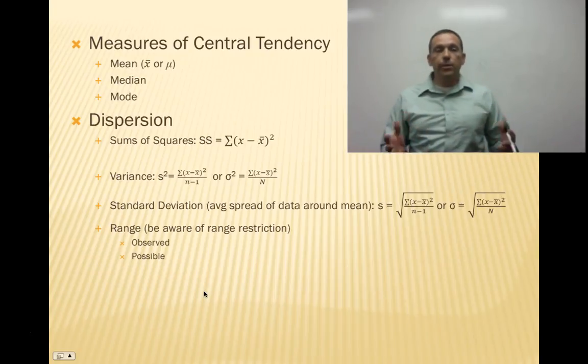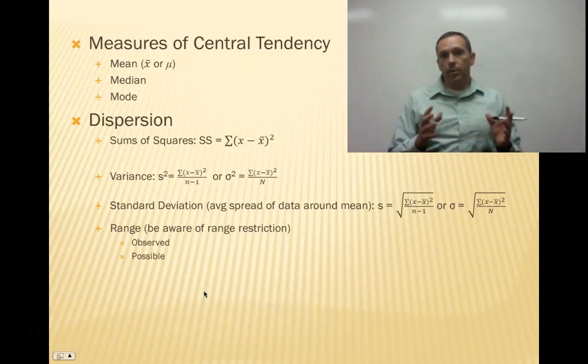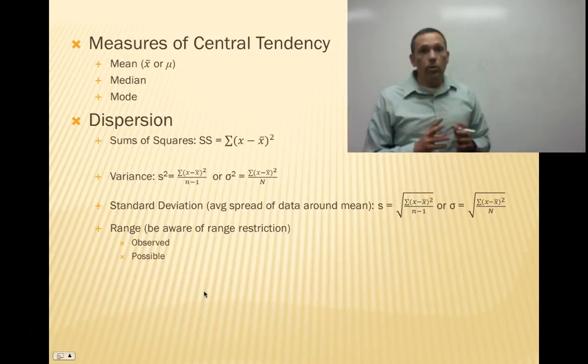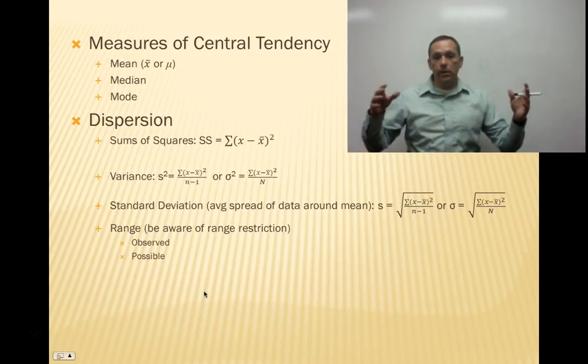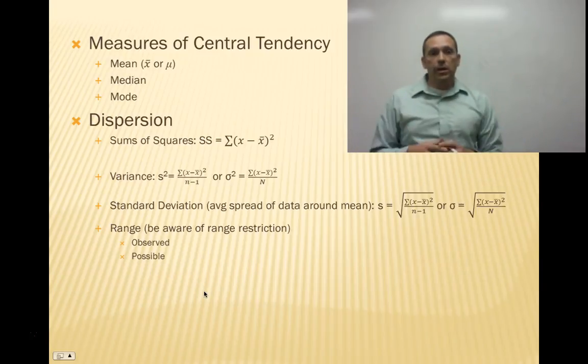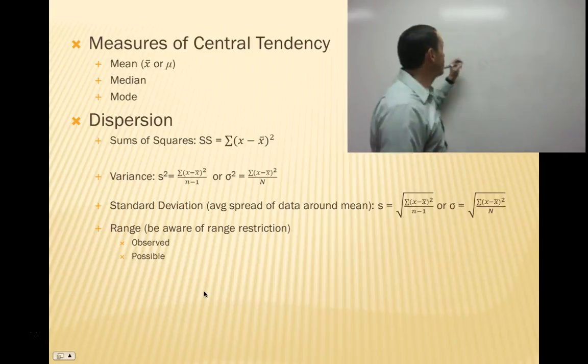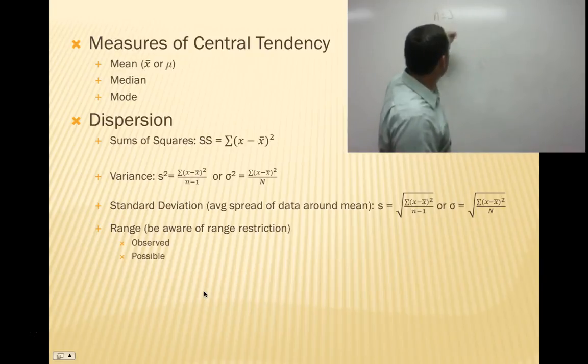For the sake of simplicity, I'm just going to make up a couple of quick numbers. Let's say we're doing our survey of all high school students. We take a sample size of 3, so in this case, our N equals 3.